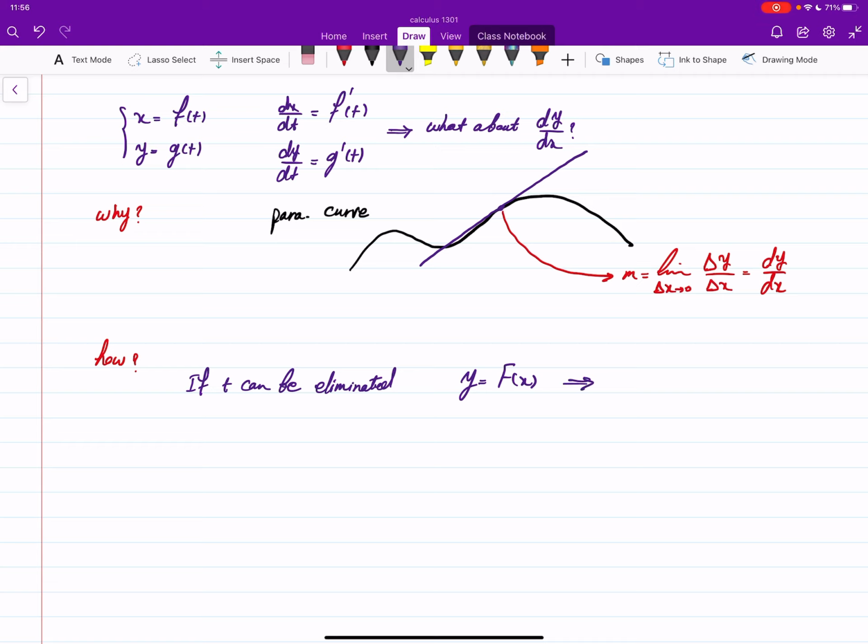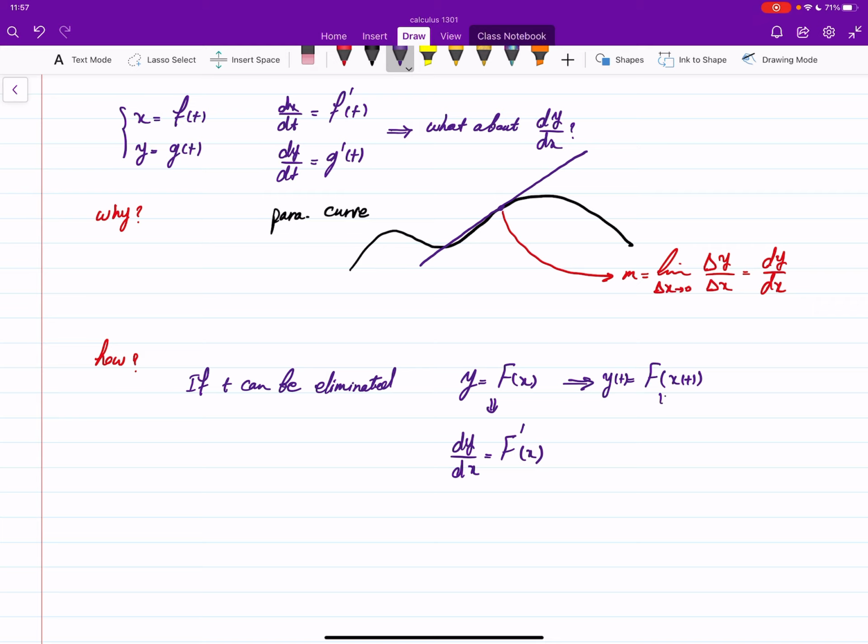Then it means that if you plug in the parametric equation for x into that function instead of x itself, this will be the parametric equation for y. And well, if this is the case, we really mean dy/dx is the derivative of that function.